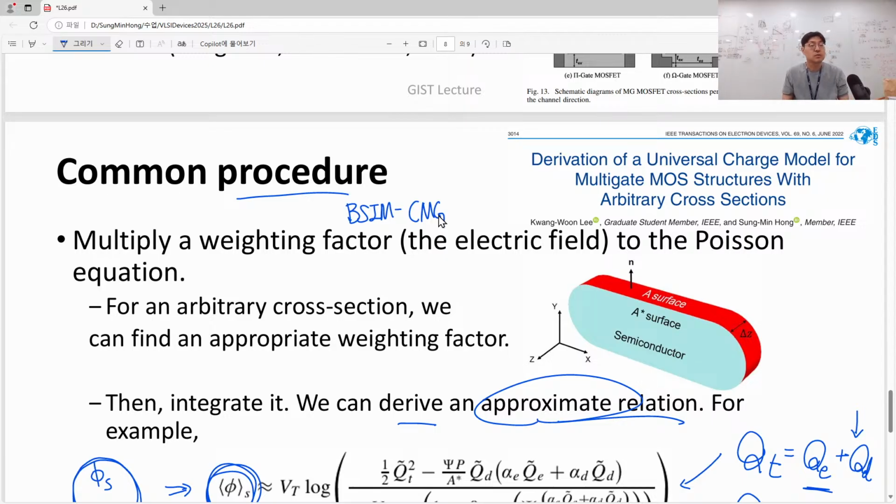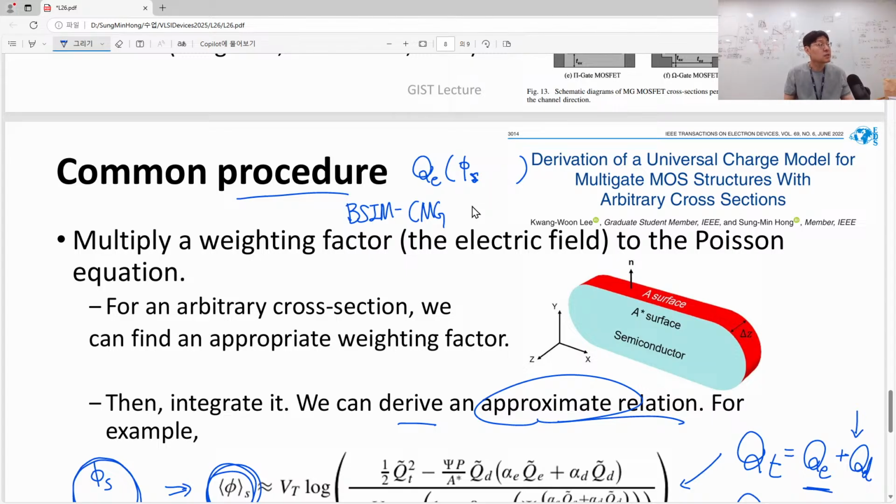So let me just conclude this discussion. It is very important to understand the charge density as a function of surface potential. However, it is not actually very straightforward. Exact solutions are only available for special cases, and for general multi-gate structures, we need a more versatile and generally applicable procedure.